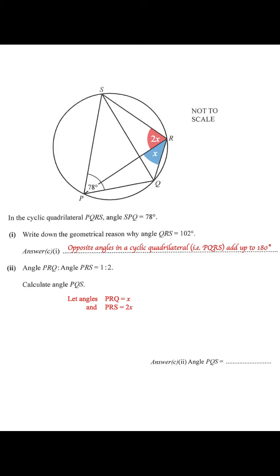So those add up to 3x, and we already know that that 3x is 102 from the previous bit of the question. 3x equals 102, x equals 34. Now the angle we're looking for is PQS, so the angle down there. And that comes from the same 2 points, S and P, as the 2x angle there. So the angle we're looking for is 2x, which is 68.